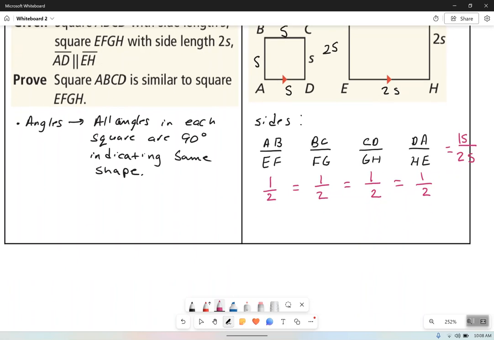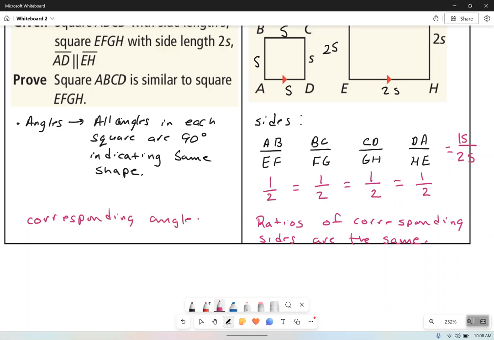So here's the deal. Ratios of corresponding sides are the same. Over here, I'm going to say corresponding angles are the same.